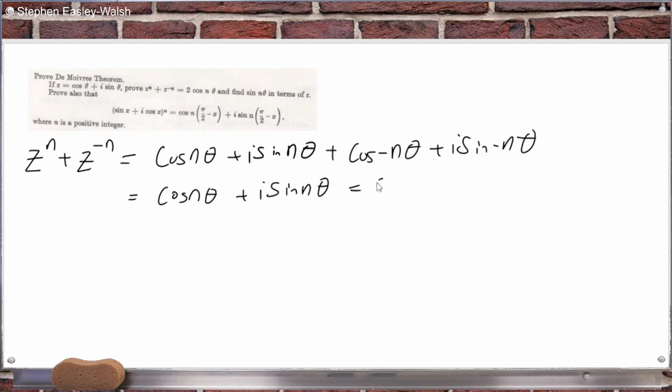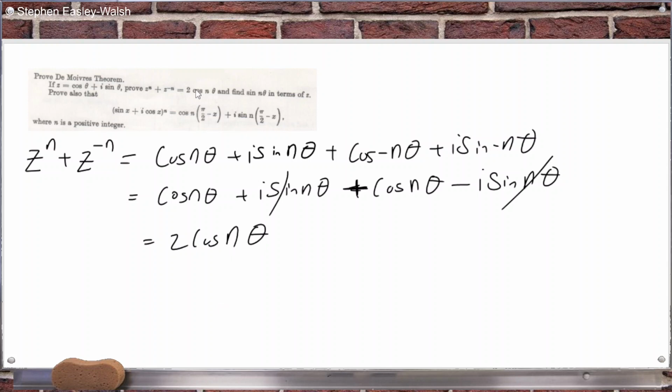Cos is even, so we can ignore the sign on the argument, so that's cos nθ, and sine is odd, so that lets us take the minus out. And so they cancel, and you're left with 2 cos nθ. So that's the second part done.